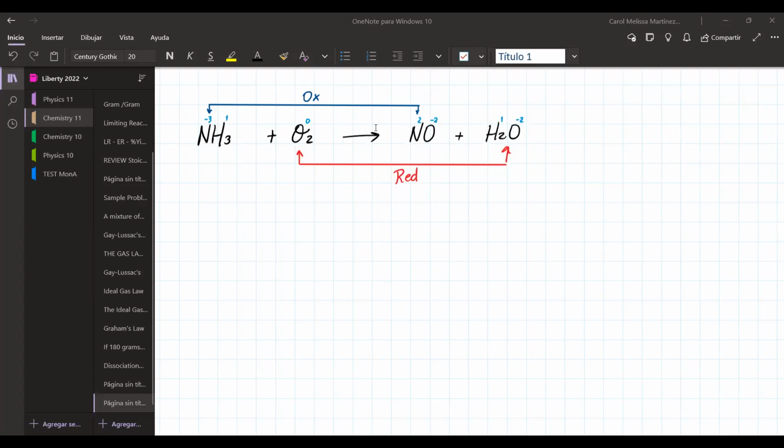I have sulfur -2, and I have sulfur 4, and I have sulfur 0. In the balancing part, we need to balance sulfur.